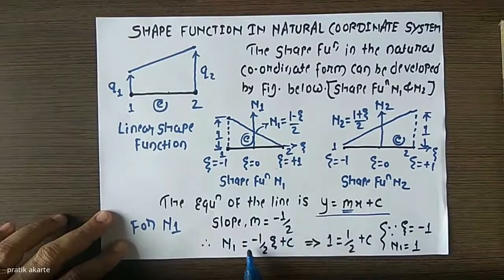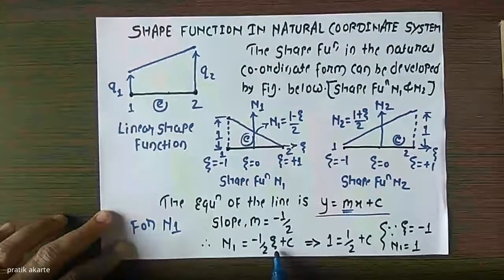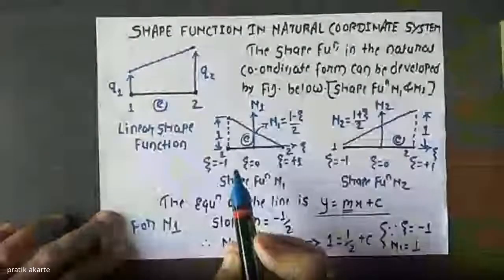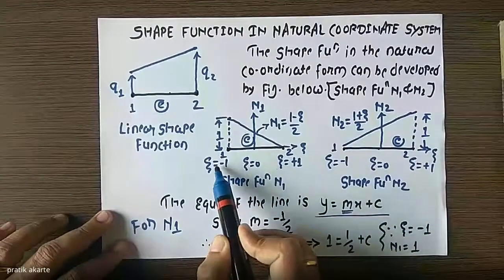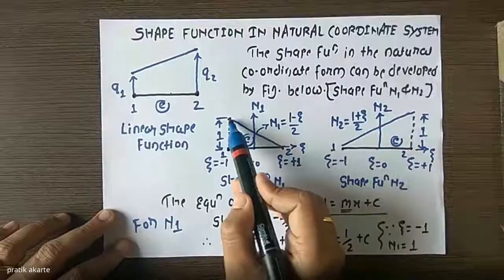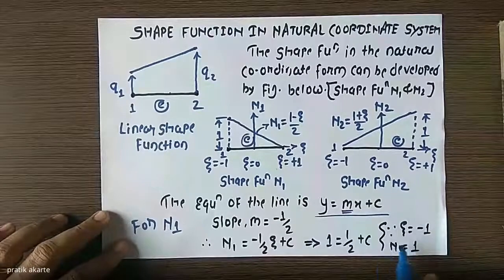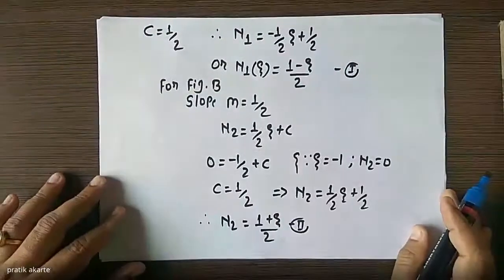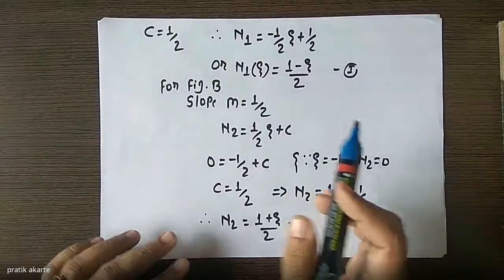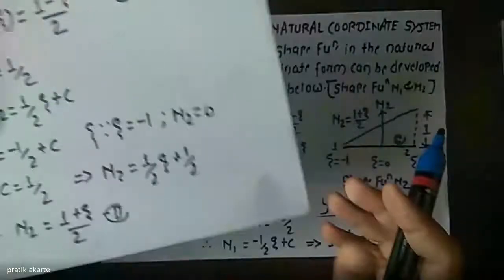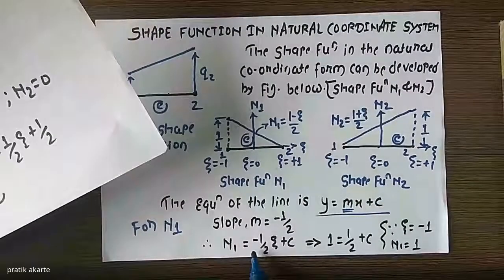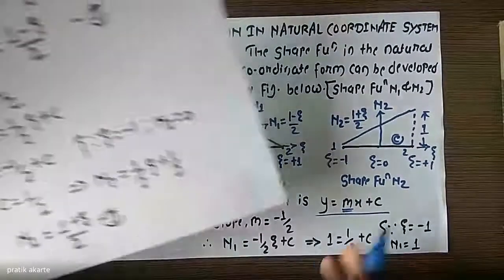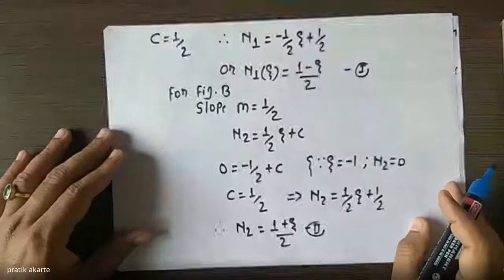We have put that slope value into this equation, and we will calculate at zeta equal to minus 1, where the N1 value is 1. Putting these values, we get the value of c as 1 by 2, and putting this value of c into this equation, we get minus 1 by 2 zeta plus 1 by 2.